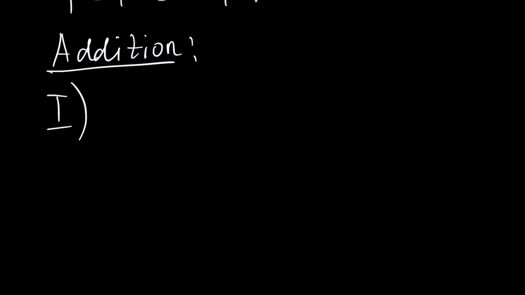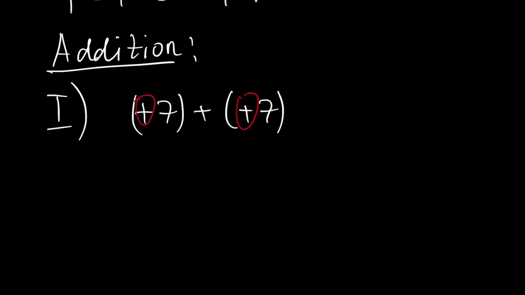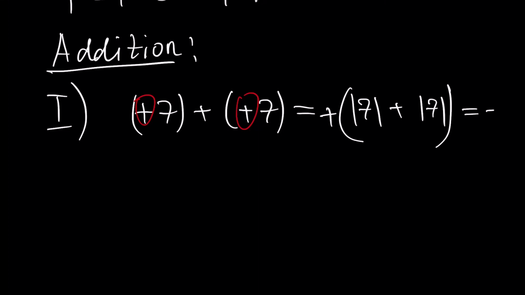So we have plus 7 and plus 7. Since signs are the same, the rule is to combine absolute values and prefix a common sign, which is plus, and this will be plus 14.